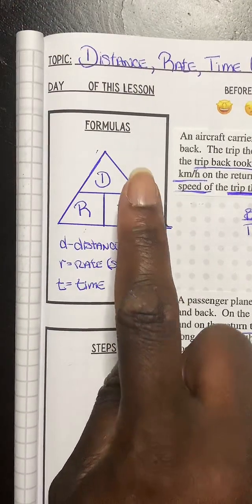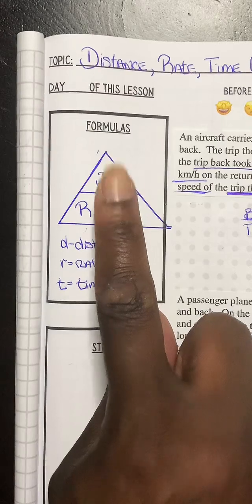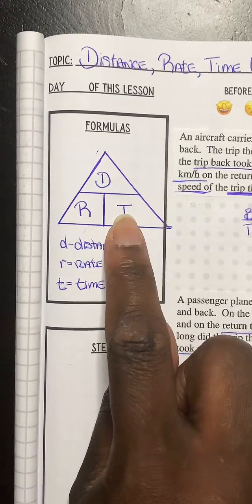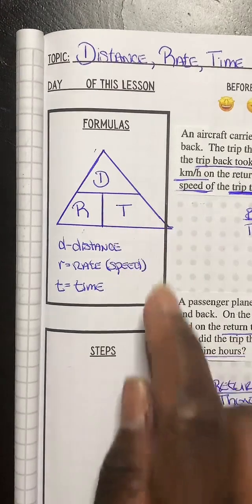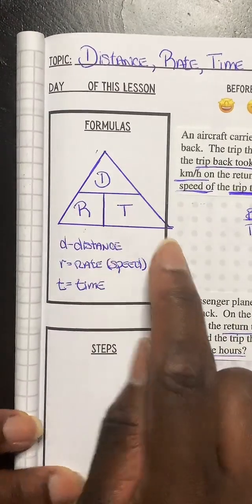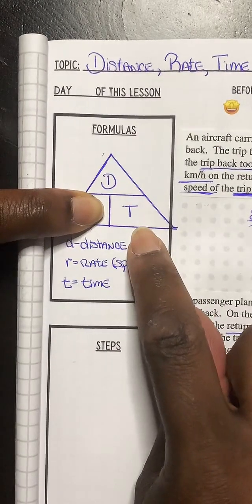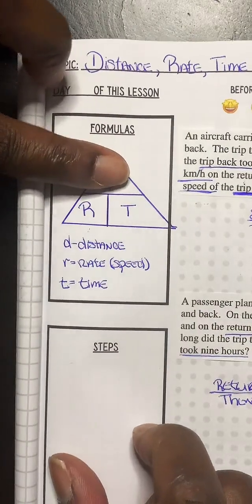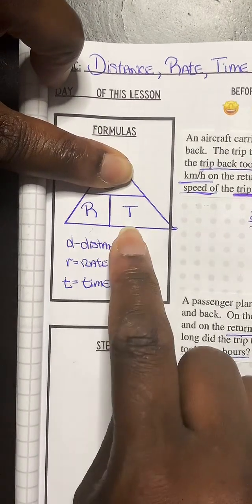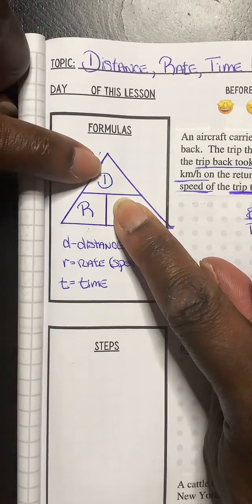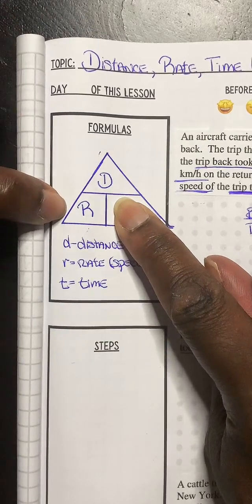Sometimes it will be mass, density, and volume. I always want to say velocity and volume. But no matter what, just remember, if you're looking for your speed, you're going to take your distance divided by time. If you're looking for your distance, you're going to take your rate times your time. And if you're looking for your time, you're going to take your distance divided by your rate.